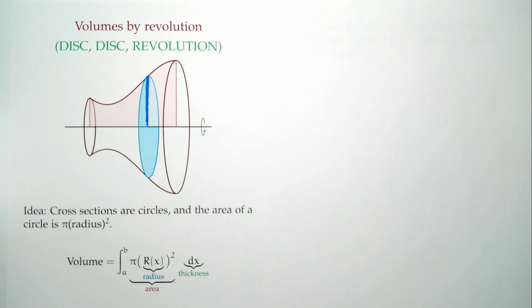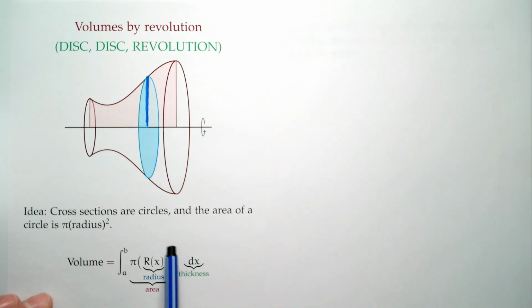So, all right, what do we get? Well, the volume is the integral from a to b of pi r of x squared dx, where r of x is the radius. This piece here is simply area. So it's the same formula we just had. We're just saying here's a nice special case where the area turns out to be a circle.